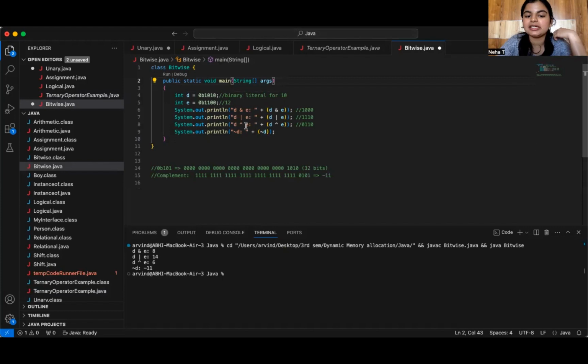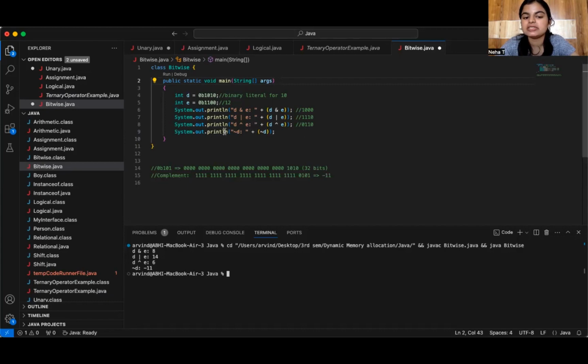Now we're doing the AND operator here: 0 AND 0 gives 0, and 1 AND 0 again gives 0, because in AND, only if both are true will true come. So we'll get 1000, which is the binary literal for 8, so the answer printed is 8. Next for OR, we'll have 1110, that is 14. After that, we have the XOR operator. We'll have 0110, which is 6.